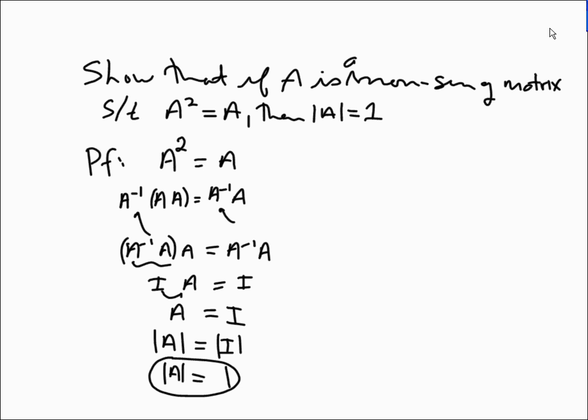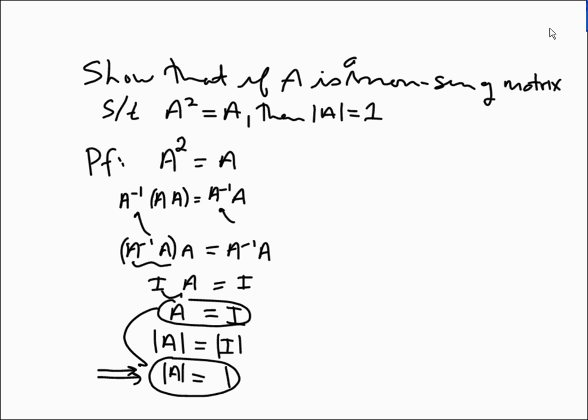Well, that's what I wanted to show. If A is non-singular, if A has an inverse, and A squared equals A, there's only one way that can be. The only way a matrix multiplied by itself gives you back A, if the inverse of this matrix exists, is if the matrix is the identity. A must be the identity.